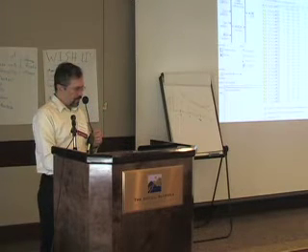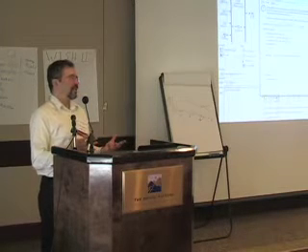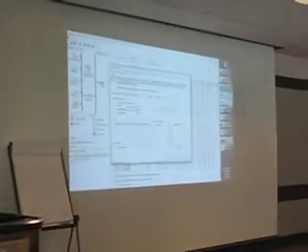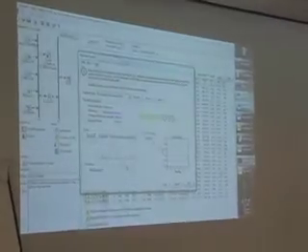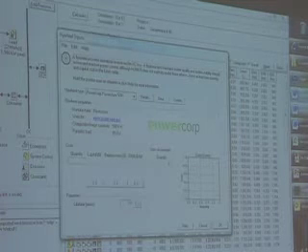Let me just show you what it looks like here. Because 30 seconds, even if you ran Homer at the 1 minute time step, we can't track the state of charge, if you call it state of charge, of a flywheel with 30 seconds of storage in it. So we don't try to track this.